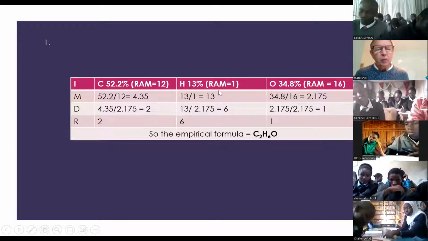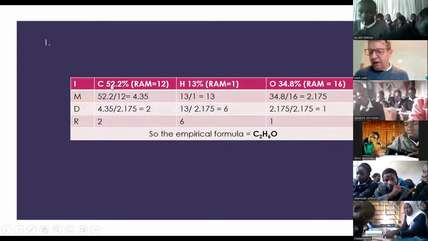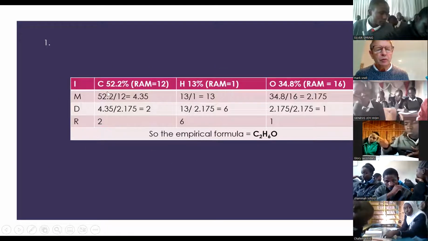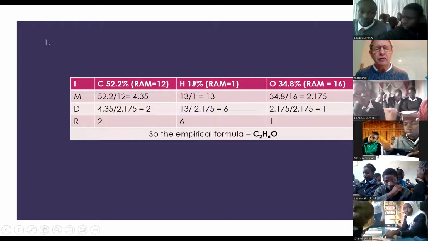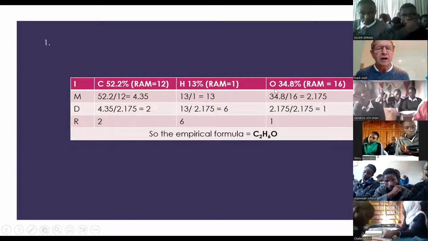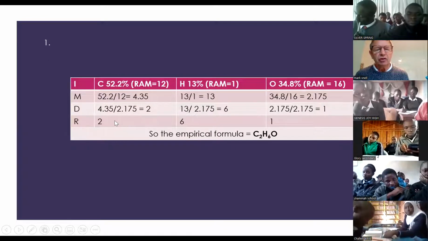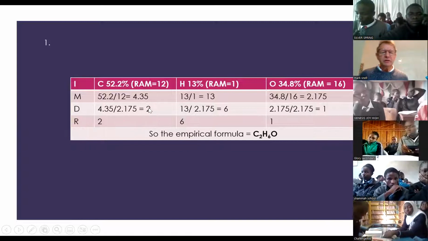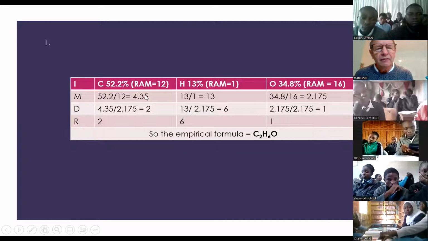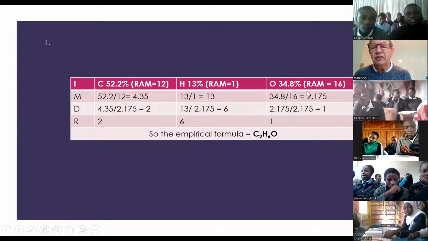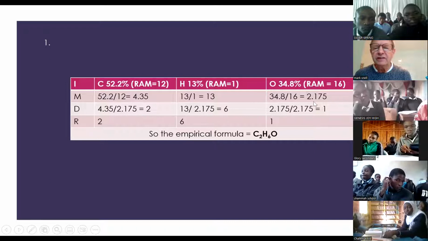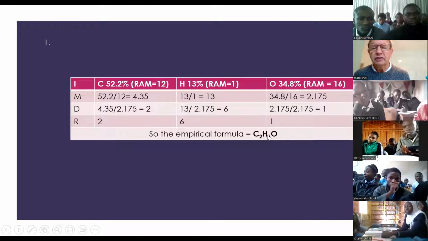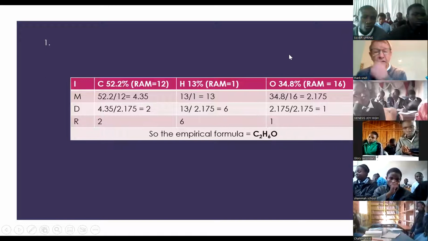The first one was carbon 52, hydrogen 13, oxygen 35, and the numbers come through as funny numbers, not very helpful numbers: 4.33, 13, 2.175. Divide by the smallest, and it comes out as 2 carbons, 6 hydrogens, and 1 oxygen. So C2H6O, which is really good.